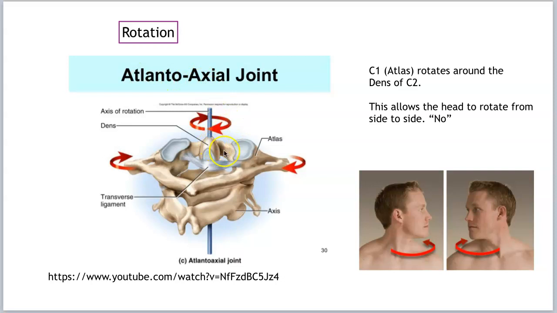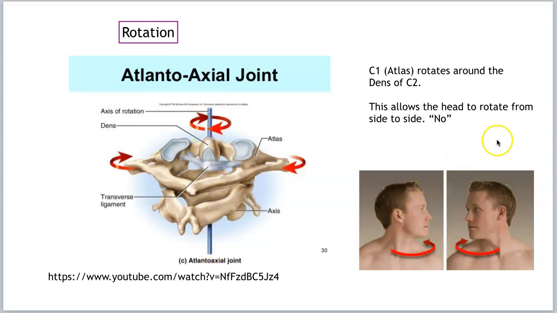So here we have C1 rotating around the dens of C2. And there's a ligament that is holding this dens within this C1. So as this rotates around here, we're going to get a rotational movement around this axis right here.